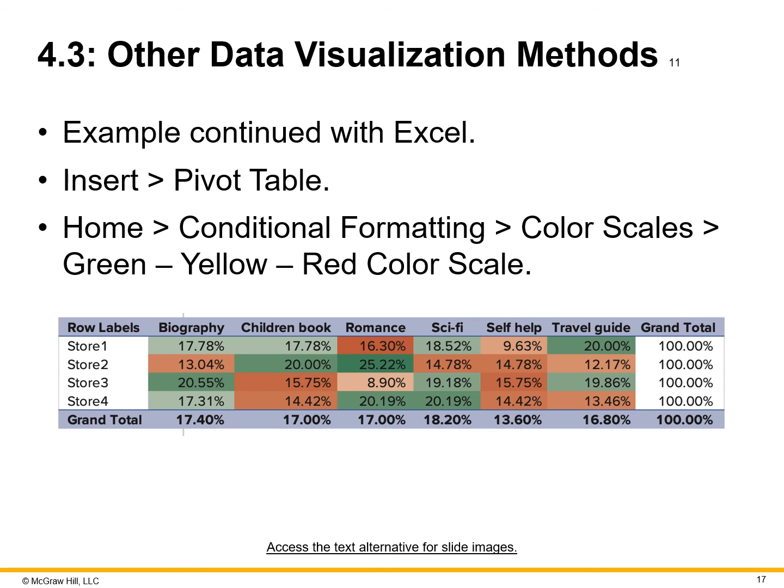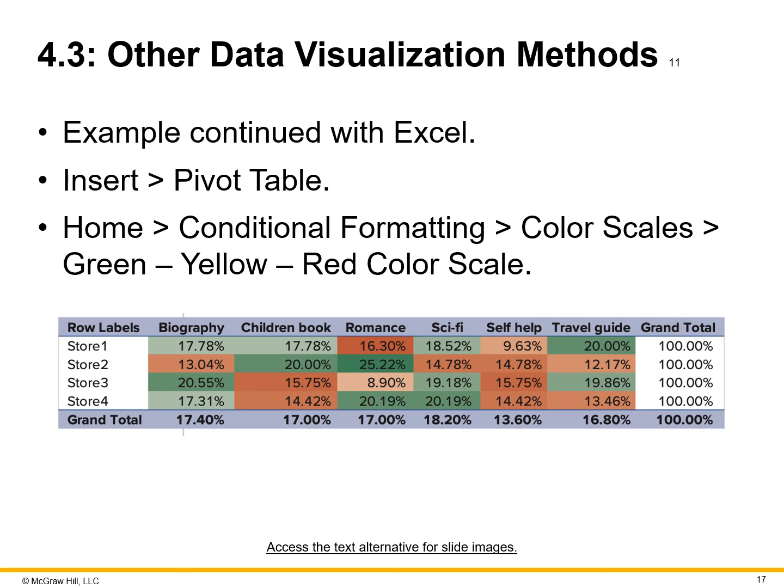Now, after taking that data set of 500 respondents or individual customer records, in Excel, it's a simple insert pivot table, home, and then you would color coordinate the heat map. What this does is show that the red would be the actual lower percents, the ones that have the lowest attribution of a customer with a certain book type and a certain location, and green being the highest location for a particular book type.